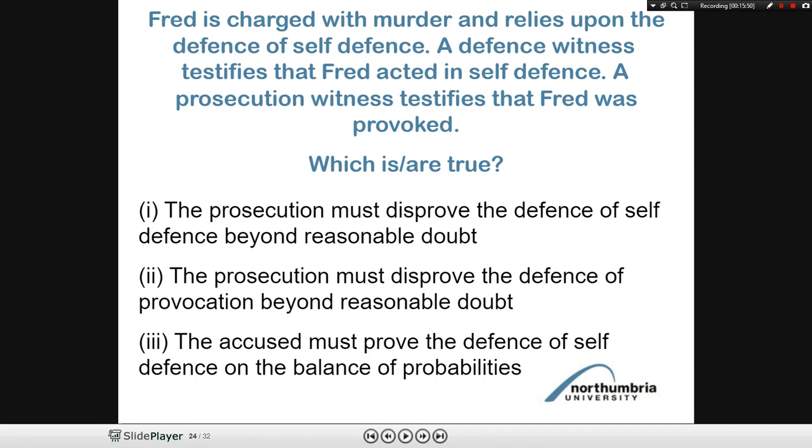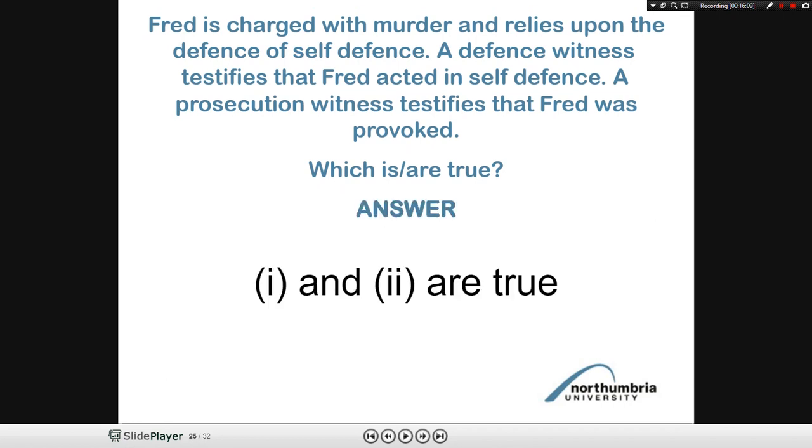Number 2, the prosecution must disprove the defense of provocation beyond reasonable doubt. Number 3, the accused must prove the defense of self-defense on the balance of probabilities. So numbers 1 and 2 are the true answer.